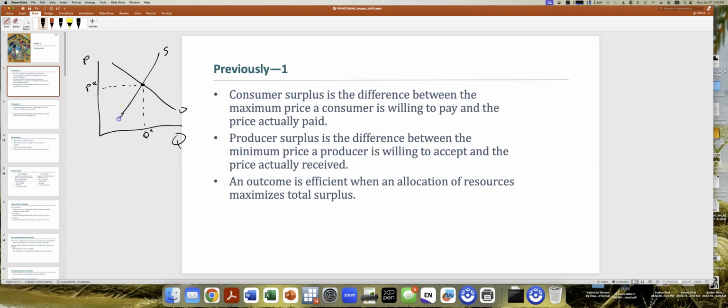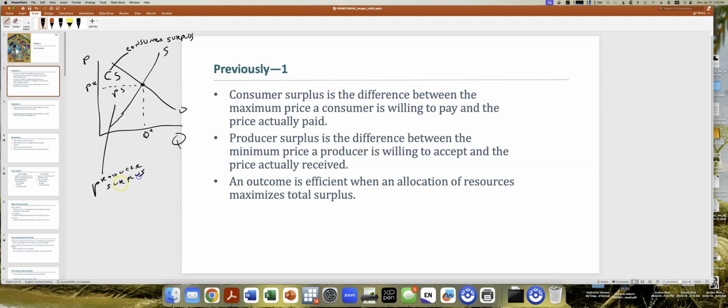What this slide is referring to here is that the area below the demand curve to the price is known as consumer surplus. And the area below the equilibrium price to the supply curve is known as the producer surplus.